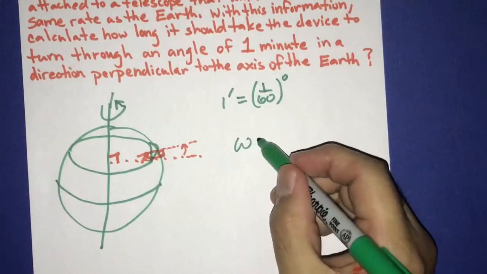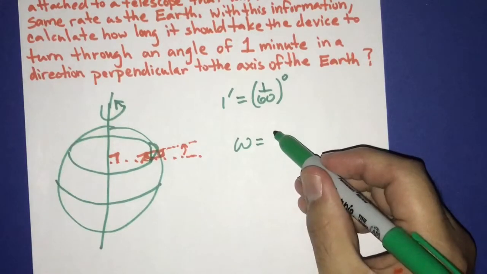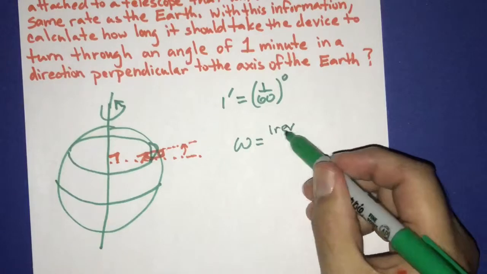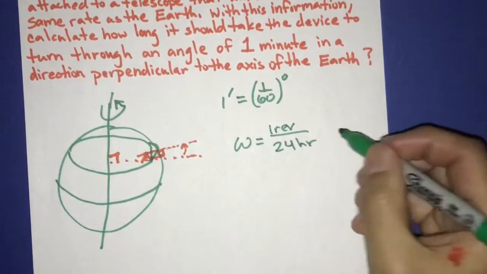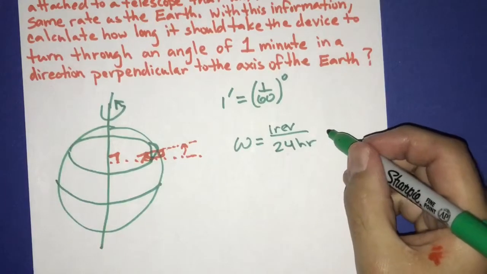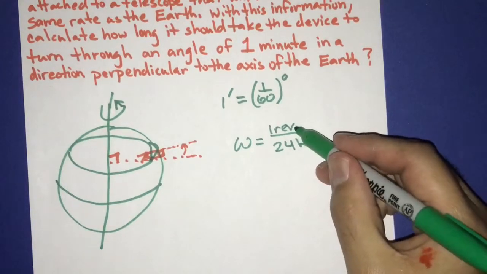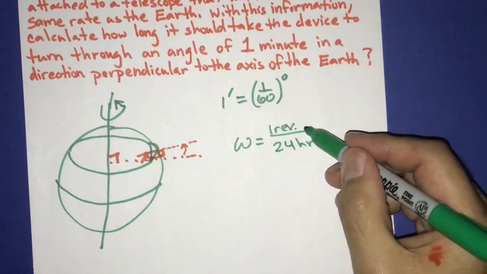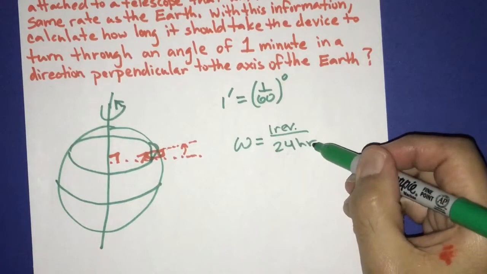So the angular speed is the number of angles it traces out in time. So we know it's tracing out 1 revolution in 24 hours. And we want to convert this from revolutions to angles, and we know that 1 revolution is 360 degrees, and we're going to want to convert hours to seconds.